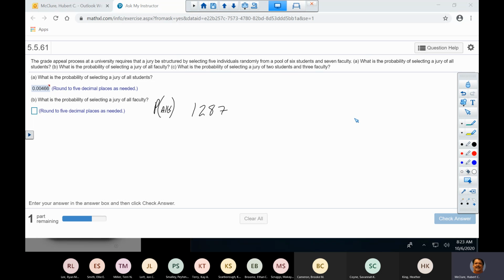Let's say students is how many students? 6. And how many slots are there? 5. So out of the 5 slots of the jury filled by these 6 students, there could only be 5, but all 5 slots be students. That would be your answer.